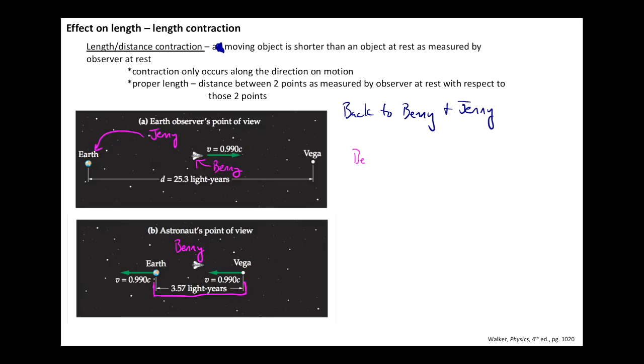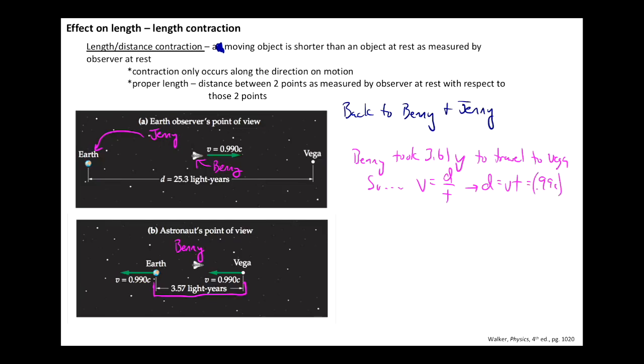Remember that Benny only took how long to get to Vega? Does anybody remember? 3.61 years, I think, to travel to Vega. So we could say that velocity is distance over time, or we could rearrange that for distance, which is velocity times time. And we know that he's traveling at 0.99 times the speed of light.